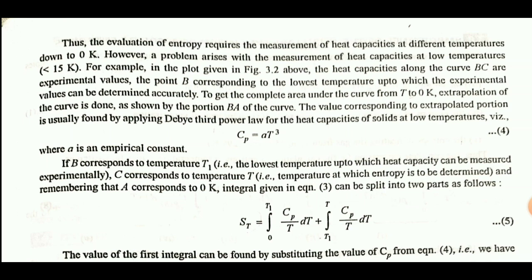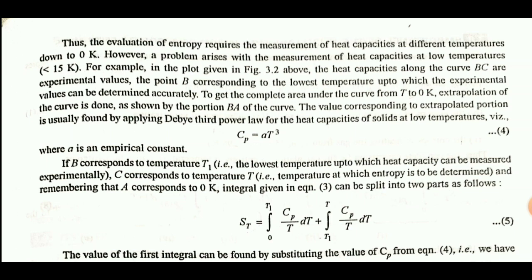The value corresponding to the extrapolated portion is usually found by applying the Debye third power law for the heat capacity of solids at low temperature: Cp is equal to A T cubed, where A is an empirical constant.